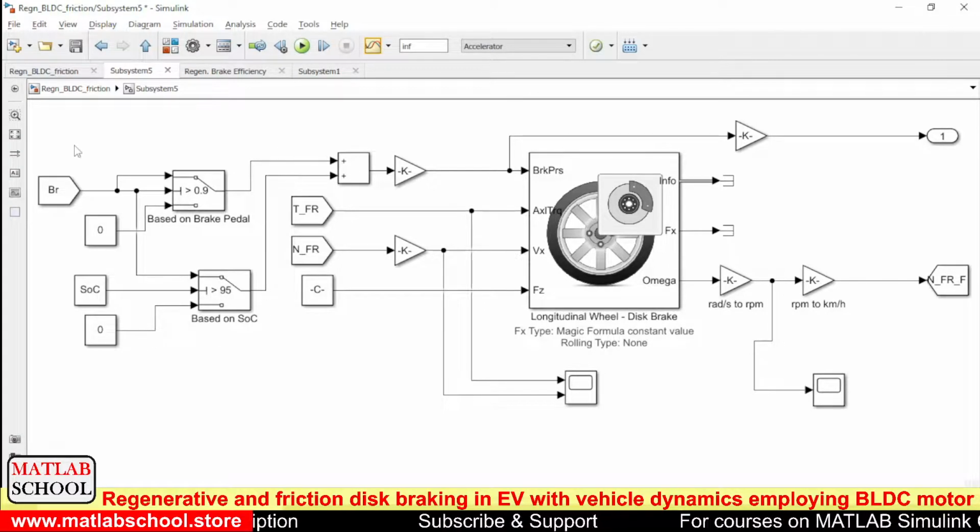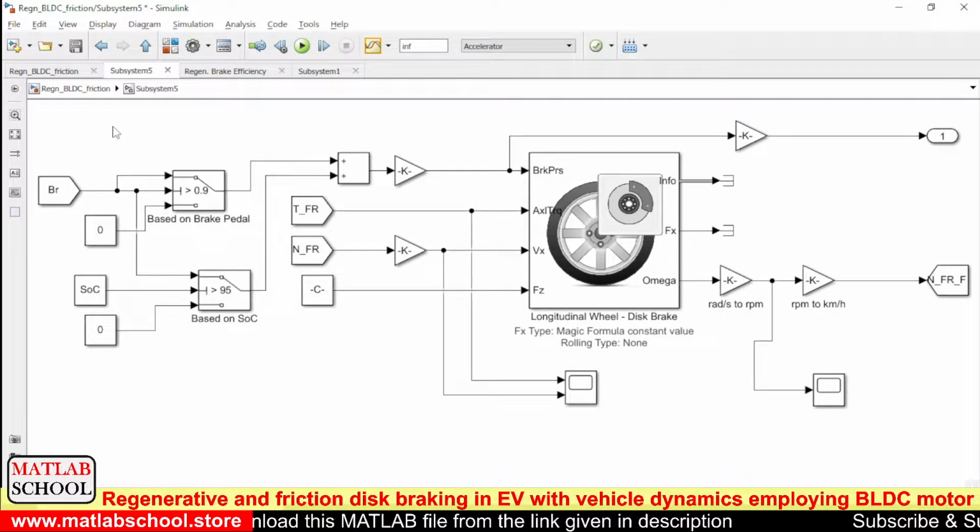So the brake pedal position will be converted to pascals. Okay, so what we are doing here is whenever the SOC of the battery is greater than 95, we will initiate friction braking in addition with the regenerative braking.